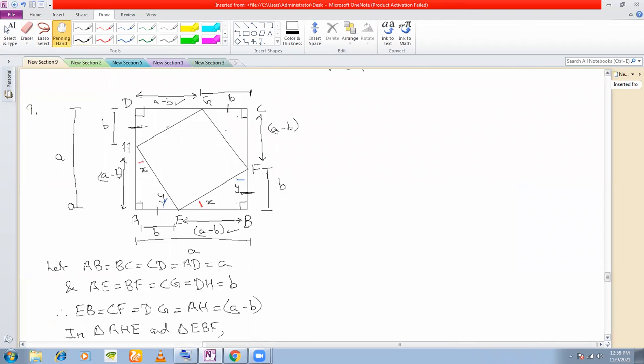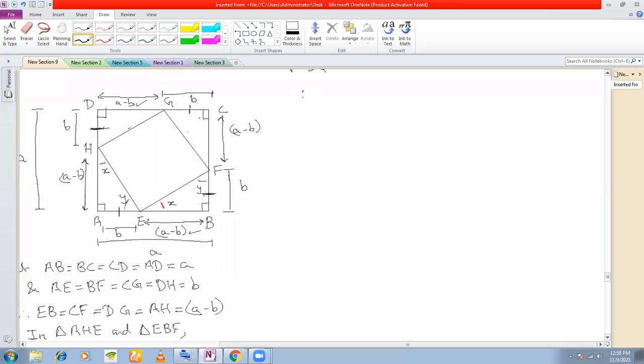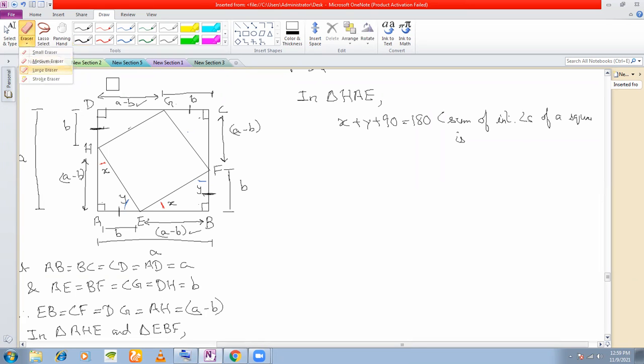Okay, let me do it here at the side. In triangle HAE, or AHE, whatever, X plus Y plus 90 must be equal to 180 because the sum of interior angles of a triangle is 180 degrees.